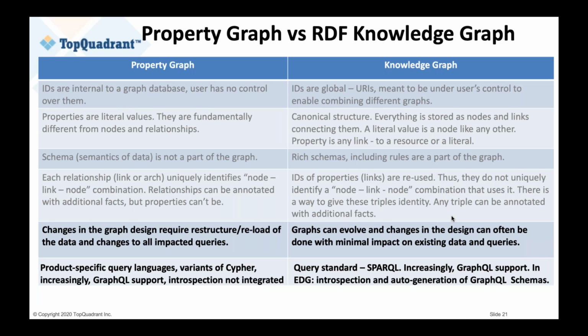With property graphs, probably the most common query language is Cypher. This was initially created by Neo4j, and many, if not all, property graph databases support Cypher in some variant. They also often have their own proprietary query languages, building off SQL or modifying it to some extent.